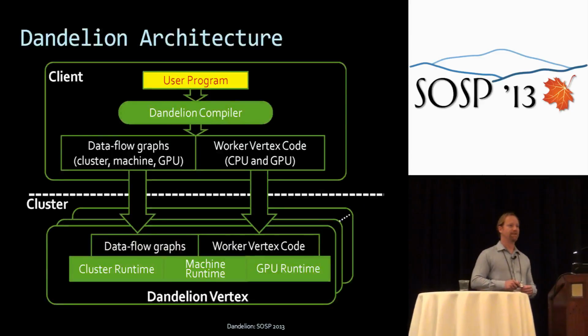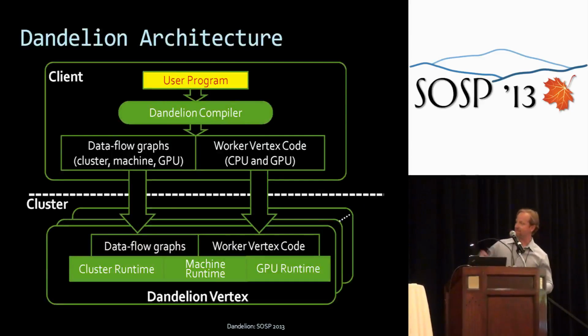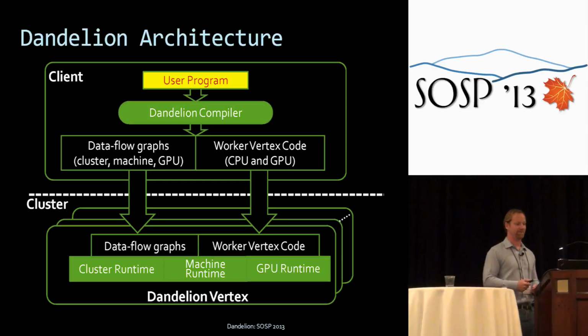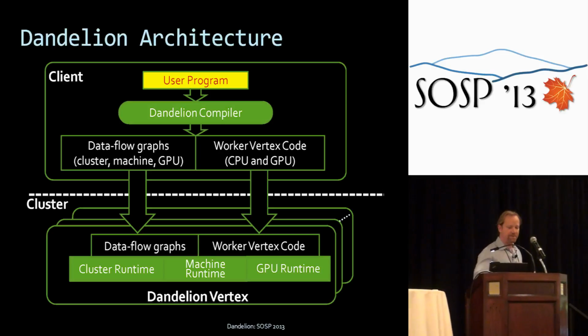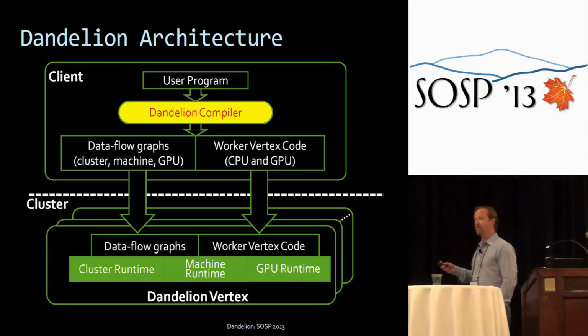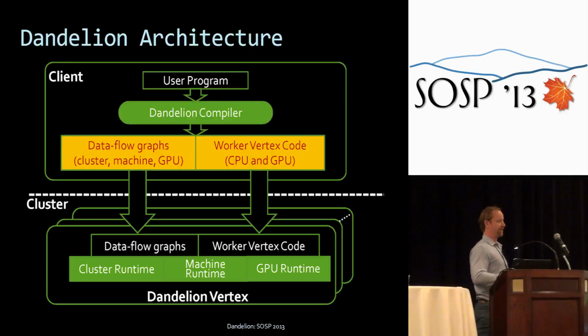So here is an architectural, high-level overview of Dandelion. Across the top of the screen, you see a client that runs a user program, and across the bottom is a cluster of some number of machines. And when the user program runs on the client, it is accepted by the Dandelion compiler, which produces 3 Dataflow graphs, each of which represents the computation at a different layer of abstraction in the technology stack.